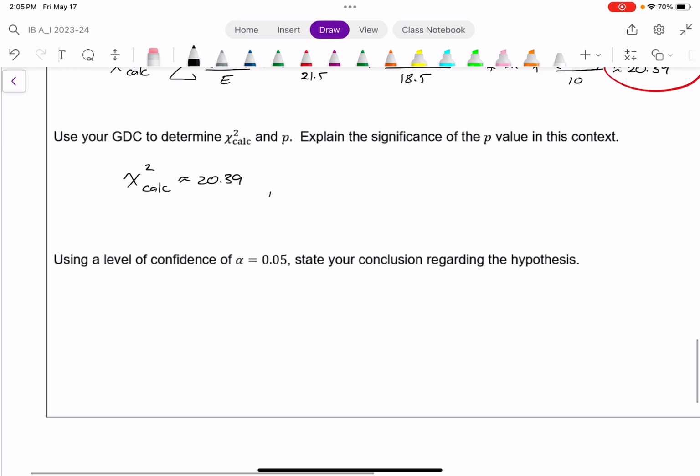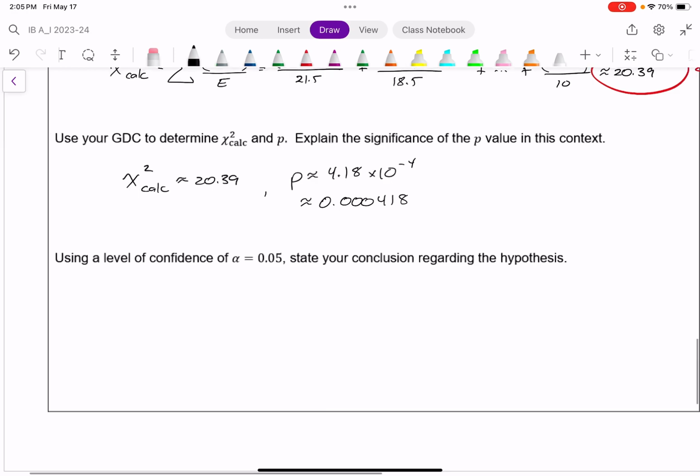But you also have this p-value, which is approximately 4.18 times 10 to the negative 4, which, keep in mind, out of scientific notation is 0.000418. So what does that mean?